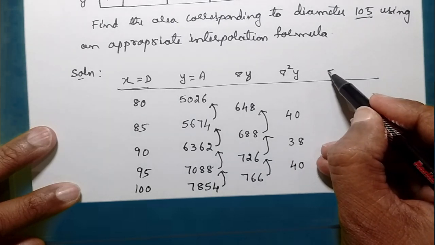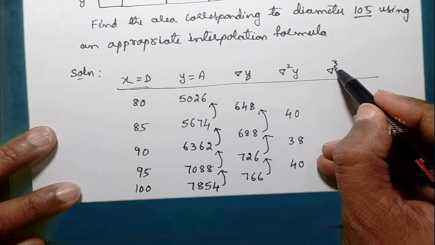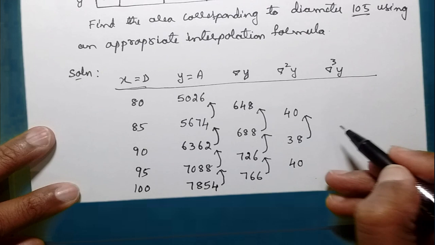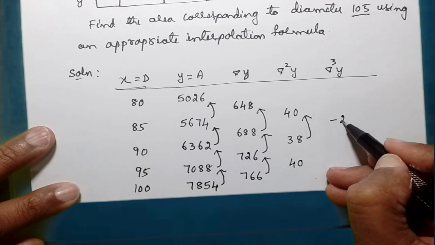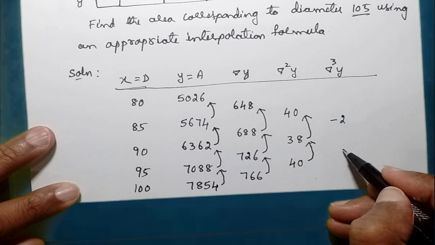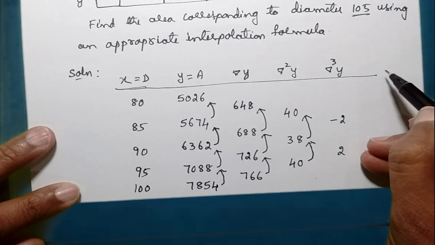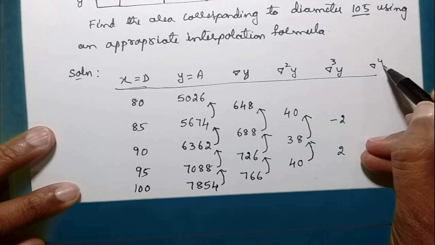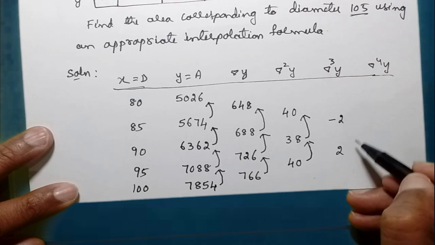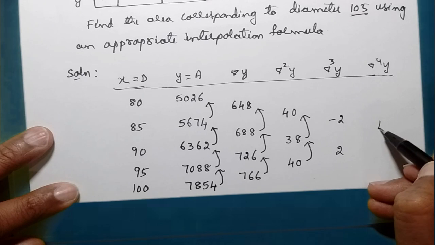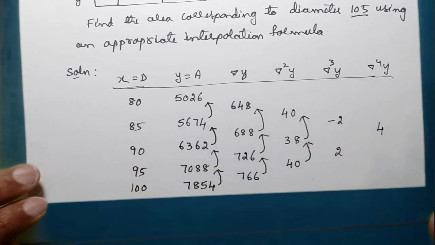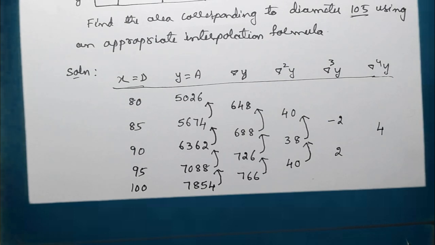Go for the next difference, the third difference. 38 minus 40 will be minus 2. 40 minus 38 will be 2. Then the fourth difference: 2 minus of minus 2 will be 4. Alright.